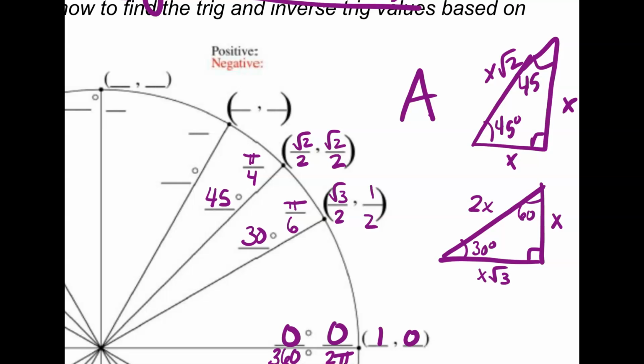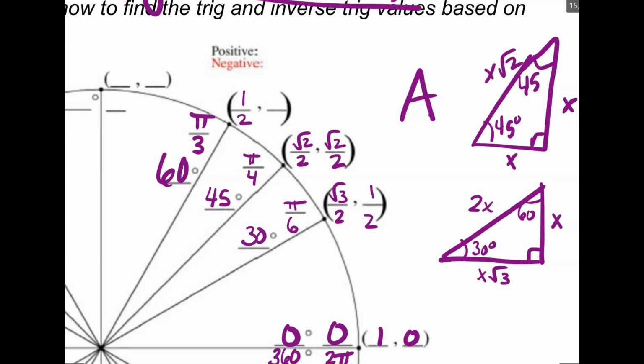Okay, so next is 60 degrees. What is this as radians? Pi over 3. Because if you think about it, pi is 180, and 60 is a third of 180, so pi over 3 is a third of pi. Interesting. If I'm looking at 60 and I want cosine, adjacent over hypotenuse, it's going to be x over 2x, which is a half.